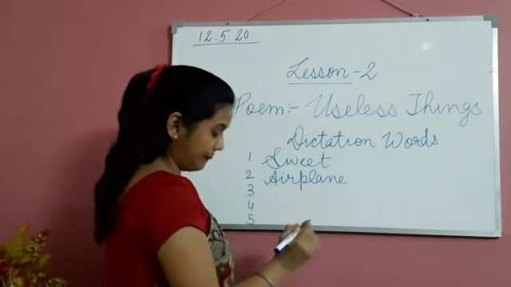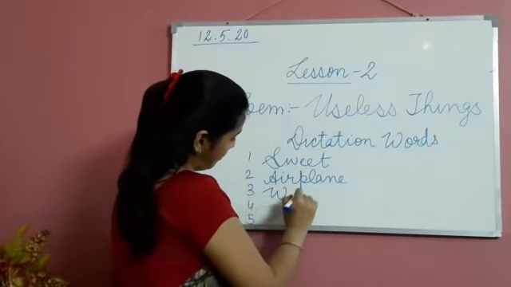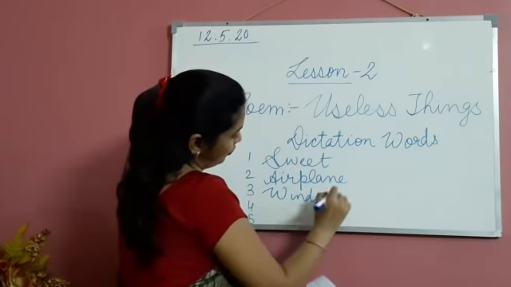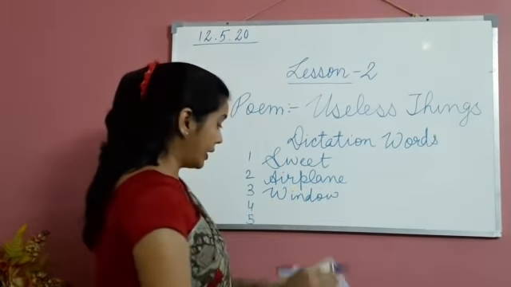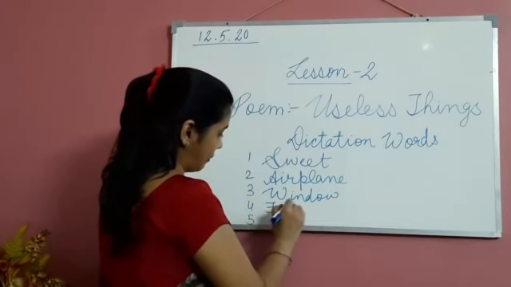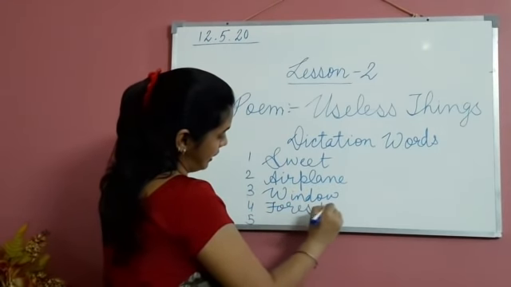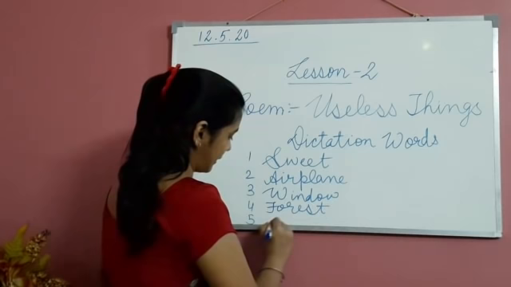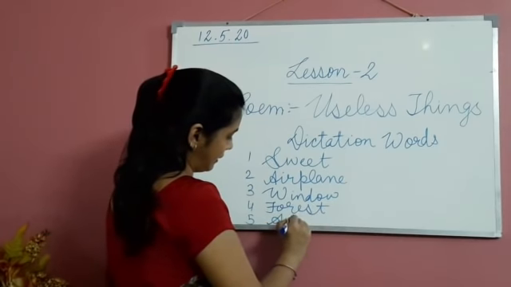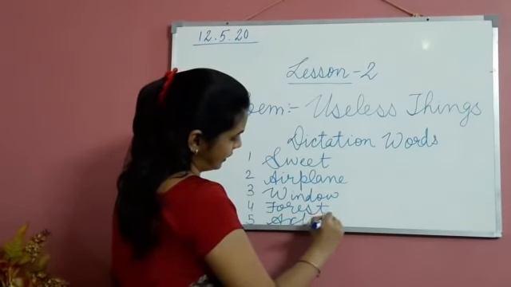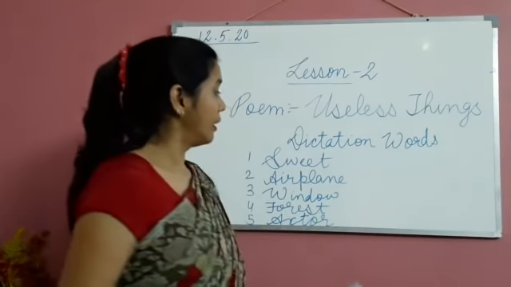Number 3 is window. Number 4 is forest. And the last one is number 5, that is actor.